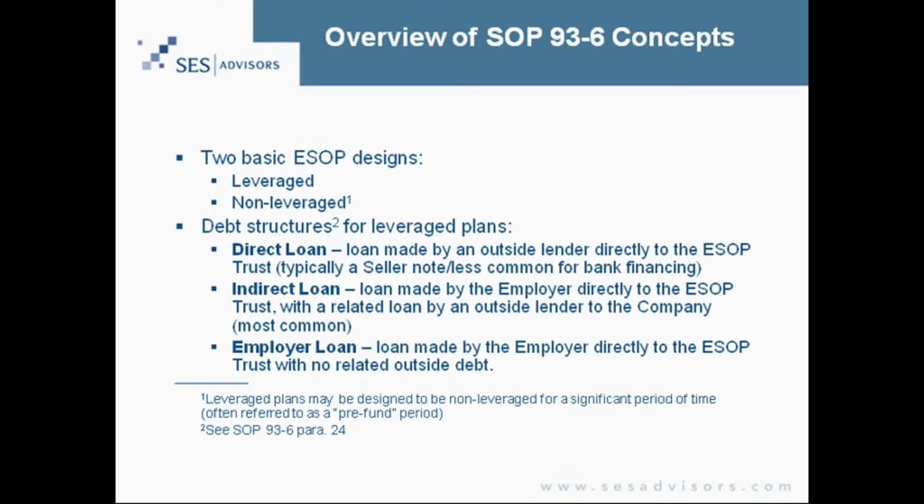Generally, we only see this type of arrangement in a situation where there is sufficient cash, there's a large repurchase, maybe a retiree with a substantial balance, and the repurchase obligation is just too large to manage in 1 year. So we'll essentially re-leverage the ESOP trust by having the company repurchase those shares and then in turn sell the shares back to the ESOP trust with a note. And that's primarily because the contribution would be too large to fit under their ERISA limits.